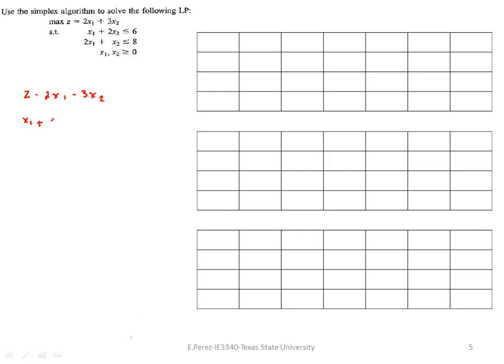So you have x1 plus 2x2 plus s1 equals 6. You have 2x1 plus x2 plus s2 equals 8. And you have x1, x2, s1, and s2 greater or equal to 0.